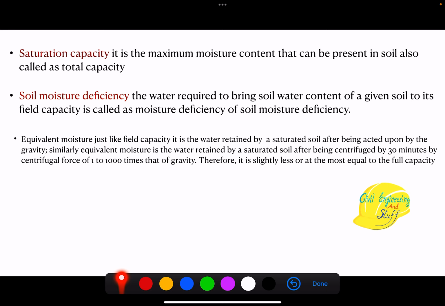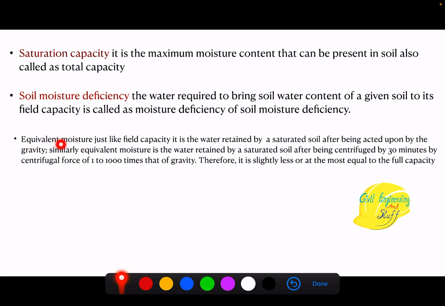And there is another term called equivalent moisture content, and it is just like the field capacity, and field capacity is like the water retained by a saturated soil after being acted upon by gravity. So your equivalent moisture content is like the overall moisture content minus the gravity water.